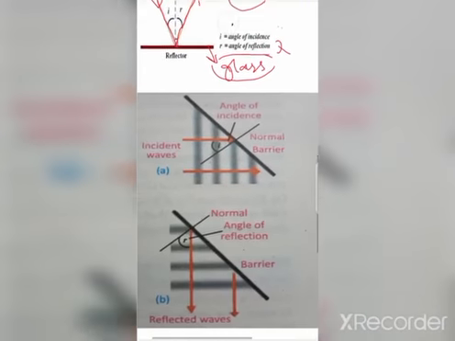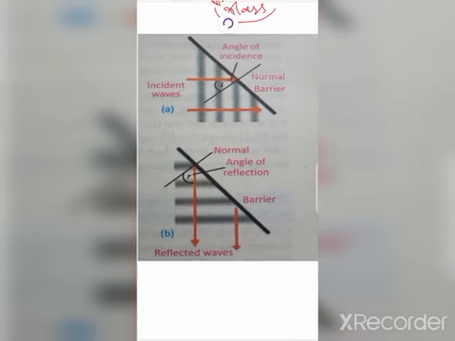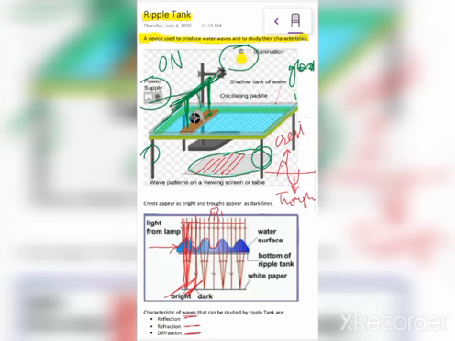So how the water waves are reflected in the ripple tank, you can see from this figure. Here we must have two mediums, but we are just taking water, so we have to take a different medium. Let's draw a medium here.